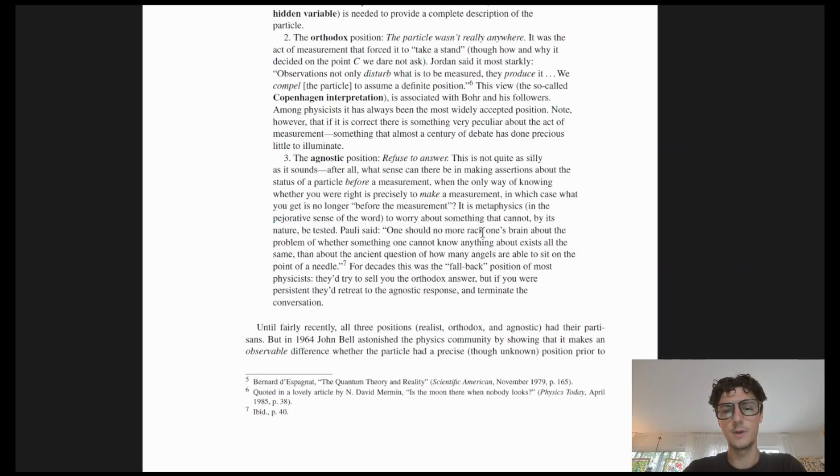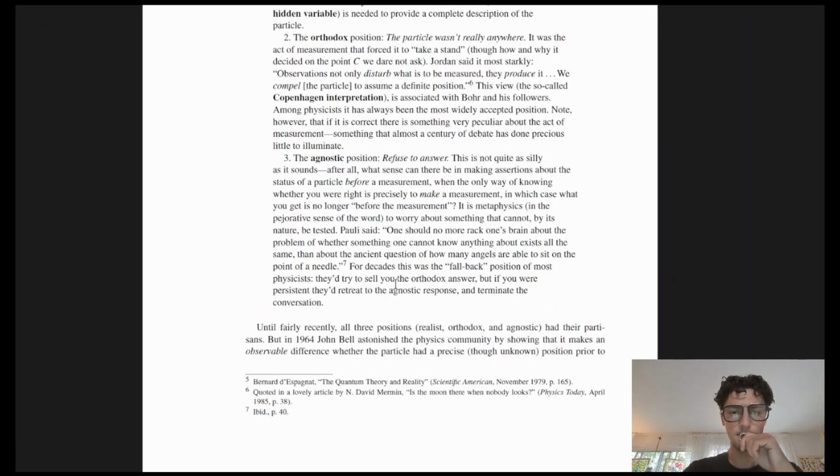To worry about something that cannot, by its nature, be tested. Pauli said, Pauli, I think, is Wolfgang Pauli: "One should no more rack one's brain about the problem of whether something one cannot know anything about exists all the same, than about the ancient question of how many angels were able to sit on the point of a needle." They actually reference what he was talking about.